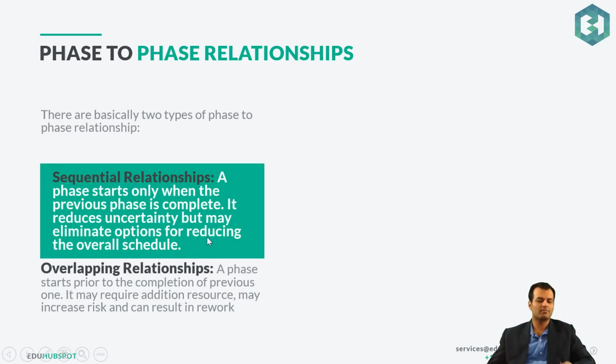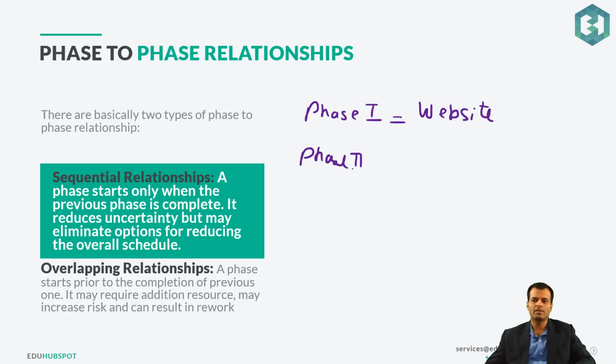Then we have different relationships, so basically we have 2 types of relationships: sequential and overlapping. So sequential relationship is like a phase starts only when the previous phase is complete. So for example, if I have different phases, like phase 1, I have the website. Then phase 2, I have the Android app development.